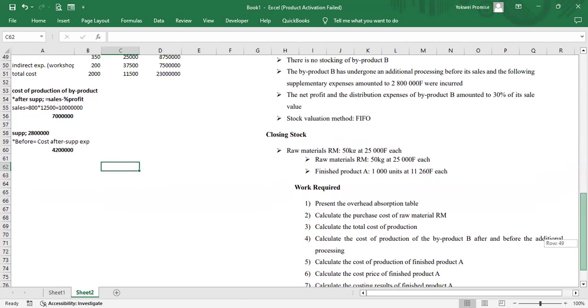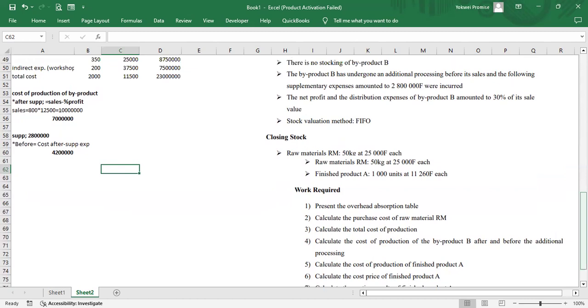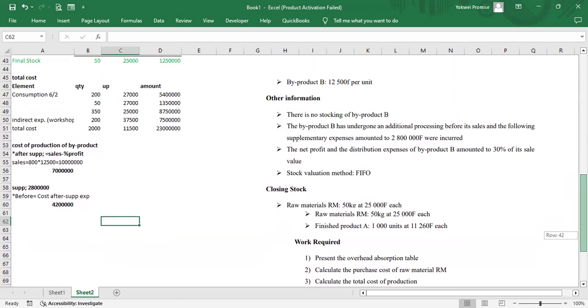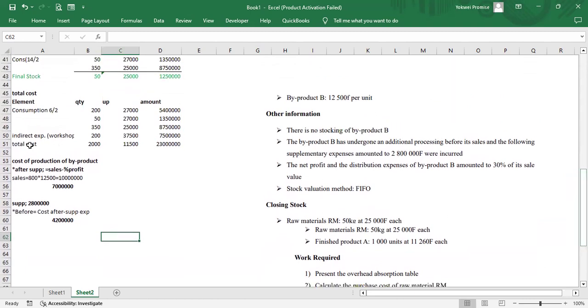Here, they have split them into two. But in that previous question that we once solved, they just grouped everything. But here it has been split. That's why, at the level of the stock valuation here, or at the level of the total cost here, we do not include the supplementary or the byproduct. We do not include the byproduct here, the reason being that they just asked us for the total cost, they did not include finished product there.